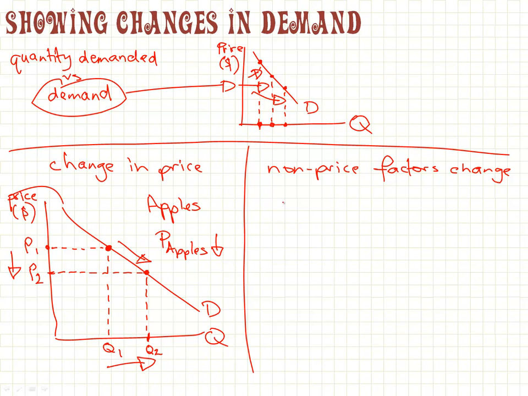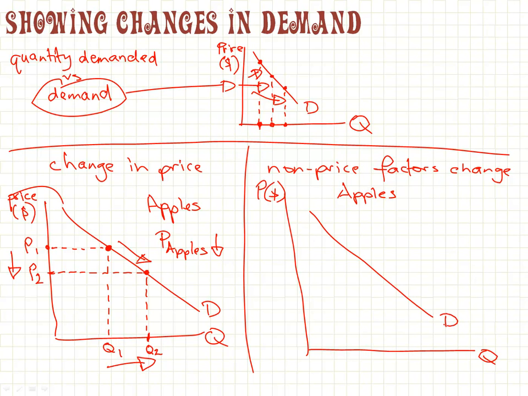So now we've got a non-price factor, and again it's a nice straight line. And again we've got price over here in dollars, and we've got quantity. And again let's take the market for apples. And we have demand, and we've got price, P1, and Q1.